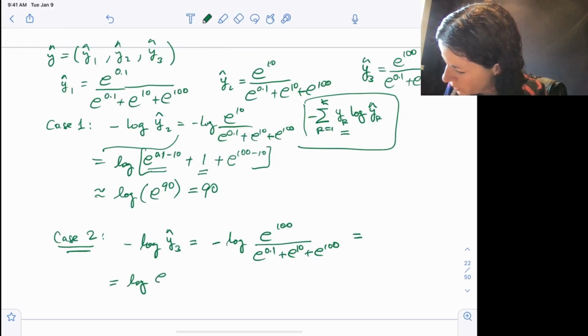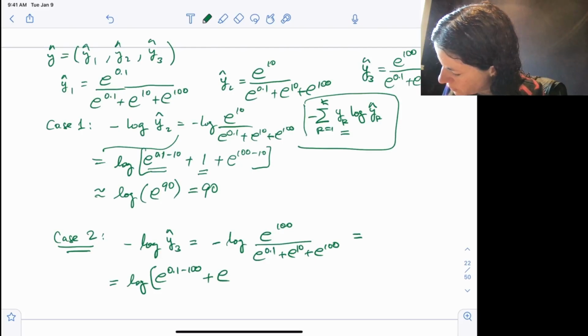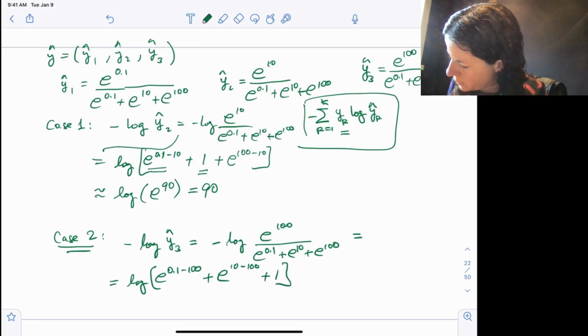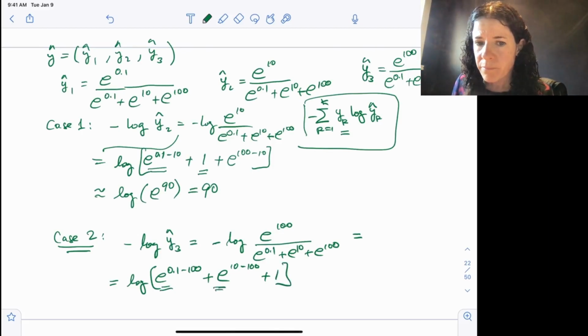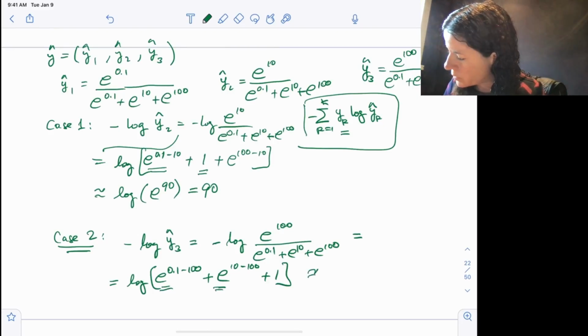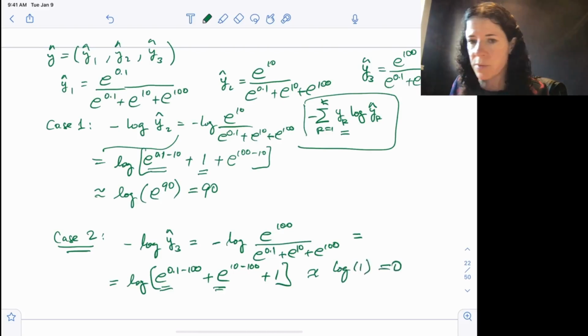So: e to the 0.1 minus 100, plus e to the 10 minus 100, plus 1. And these numbers here are very, very small, almost like 0. And so this is approximately log of 1, which is equal to 0.